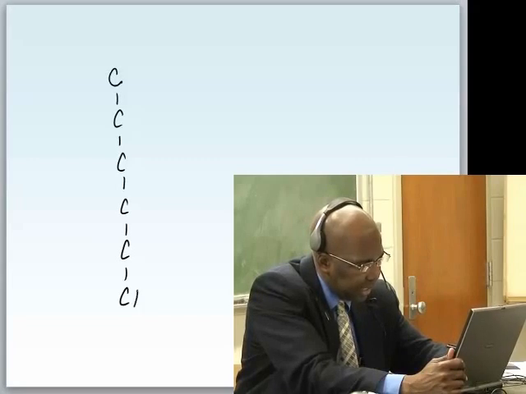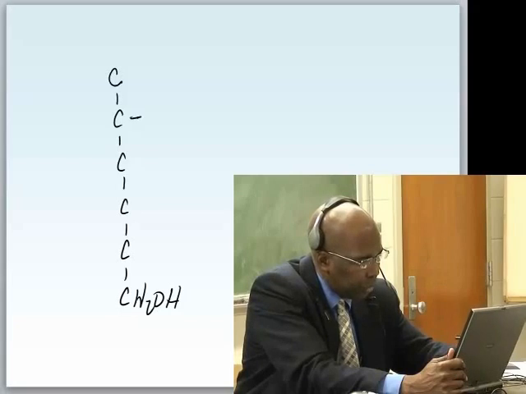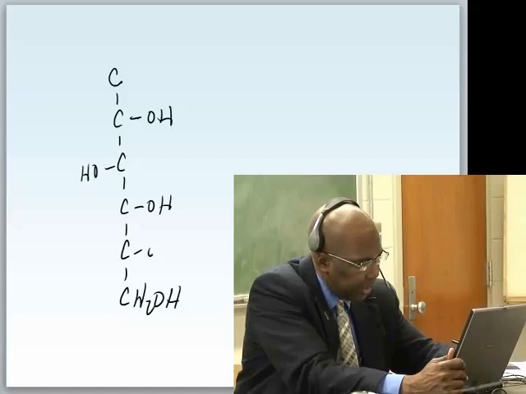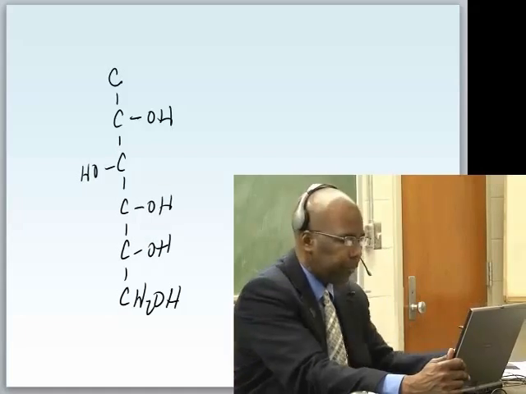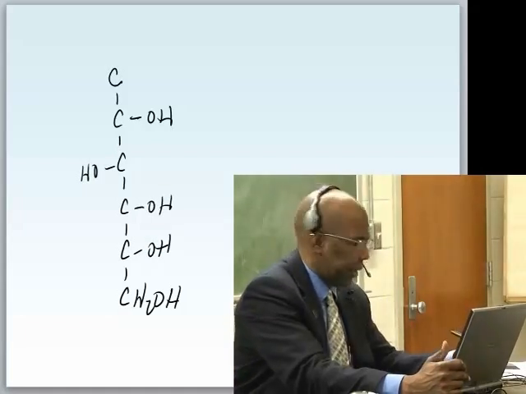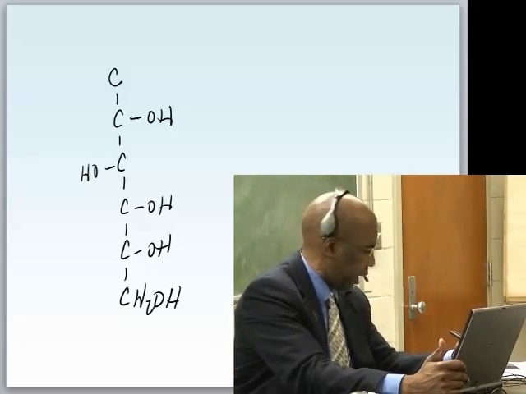1, 2, 3, 4, 5, 6, CH2OH. And so glucose is what? Right, left, right, right. Okay. Now this is glucose in the straight chain form.